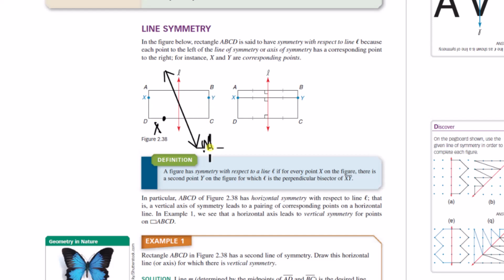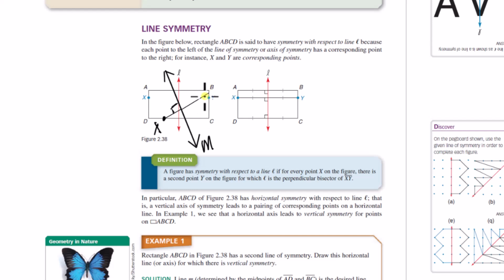So what the official definition of corresponding means is that you would draw a line that's perpendicular to the line you're analyzing that passes through the point on the figure. So this line here. Okay, now from there, you need to go ahead and continue that perpendicular line straight through the line of symmetry, the potential line of symmetry, all the way until it gets to the figure.